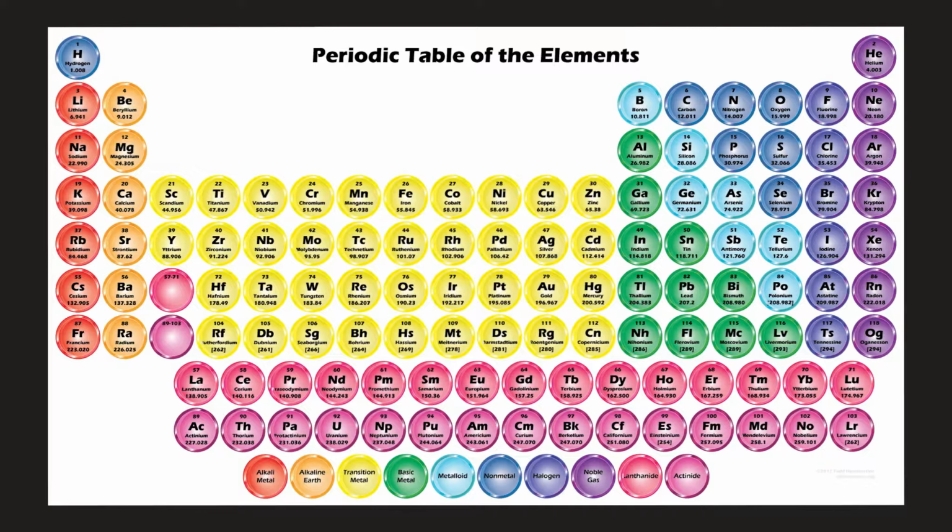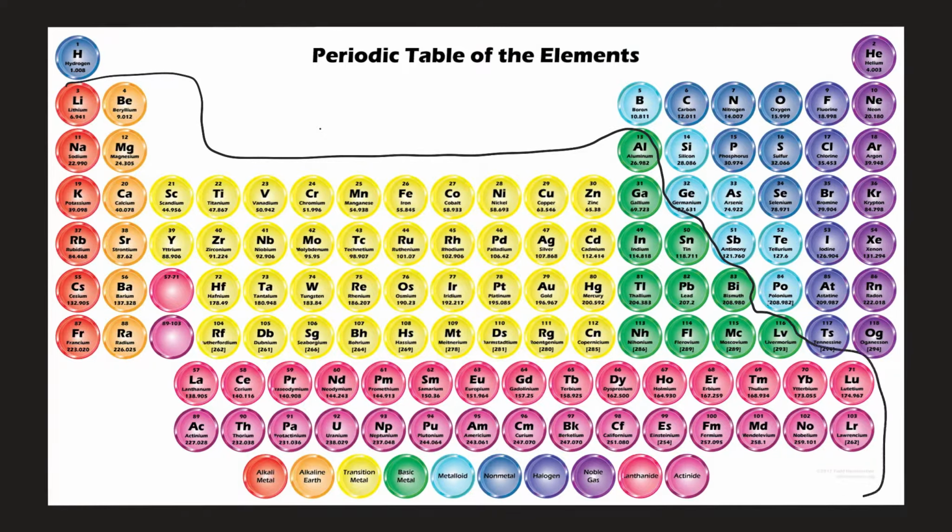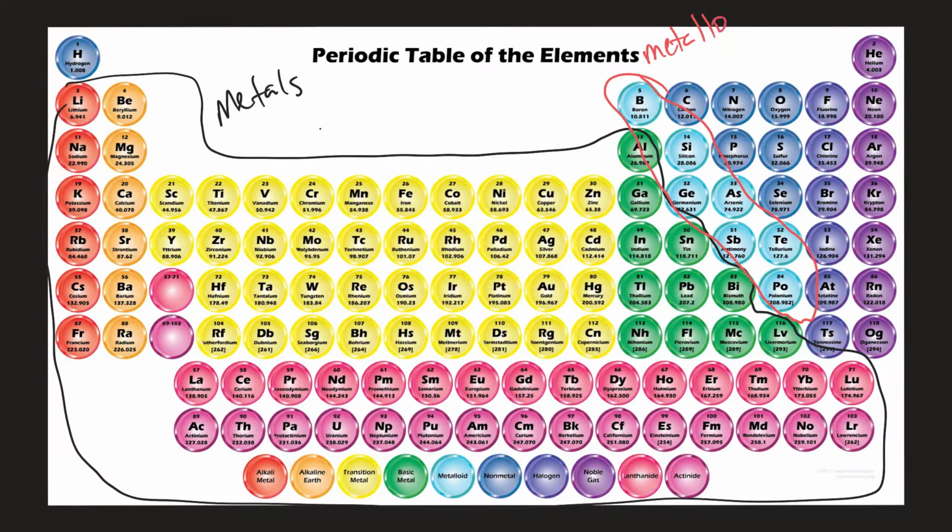All right, so the three main groups are we have here, which are these are your metals. Then we have this group over here. This group here is your metalloids.